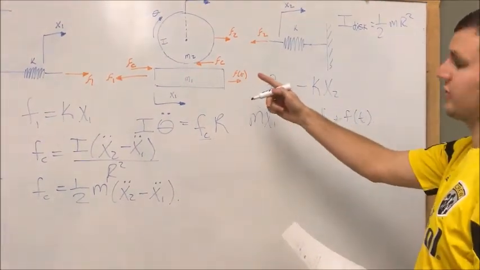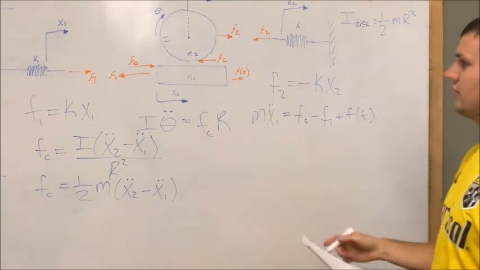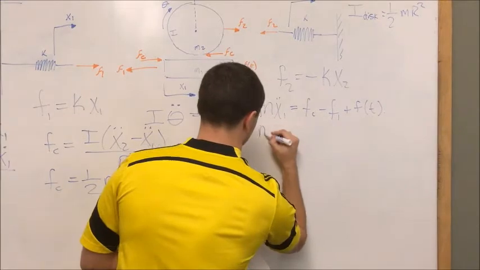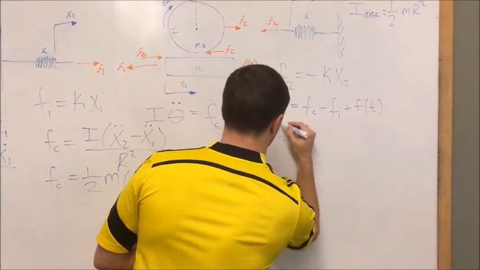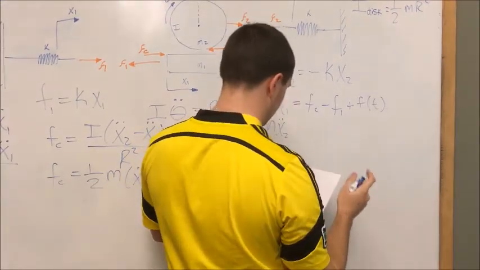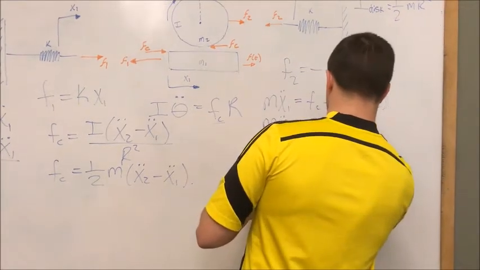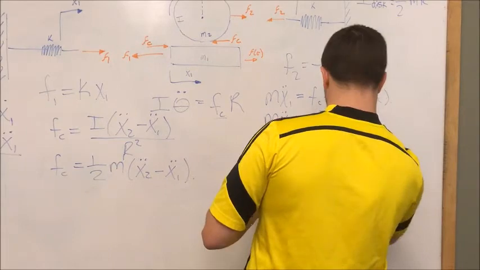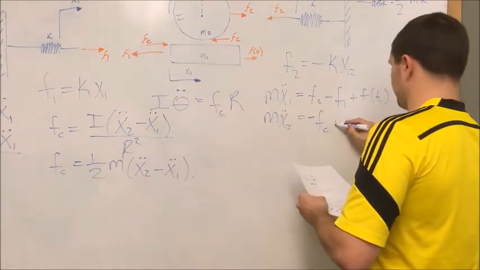Now, the next thing we have to do is the equation of motion for the disk M2, which is this. M x2 double dot equals negative FC plus F2.